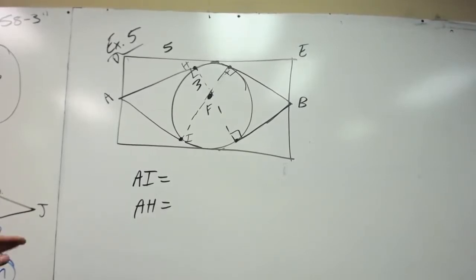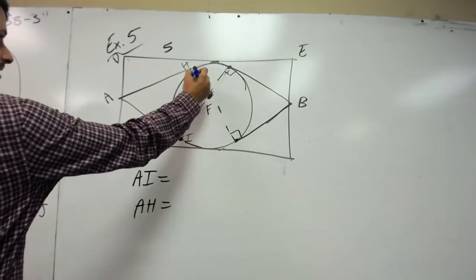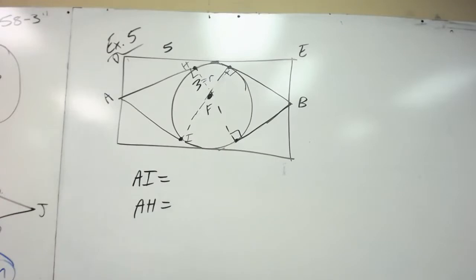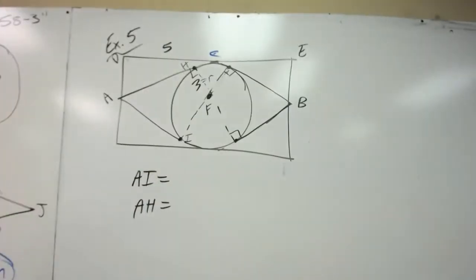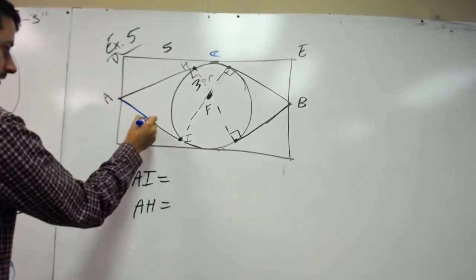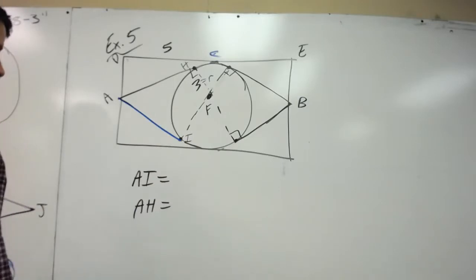The radius of the eye's iris is 3 feet. So I drew the radius is 3. Then it says DC is 5 feet. What are AI, right here, we need to find, and AH?